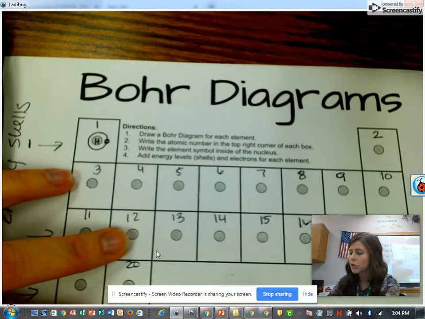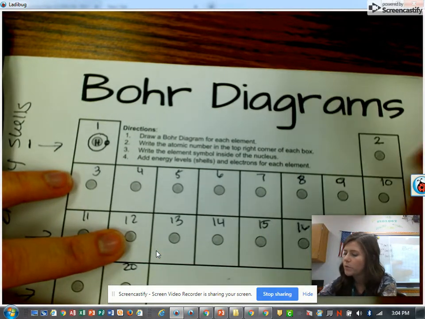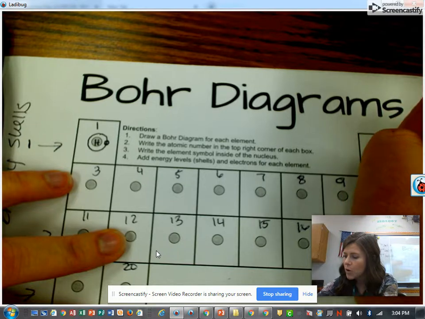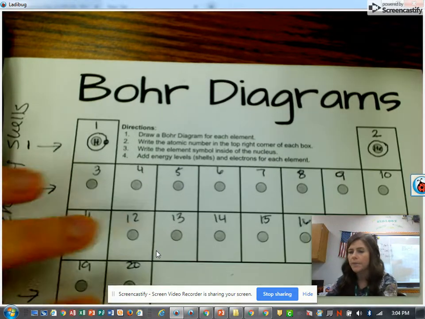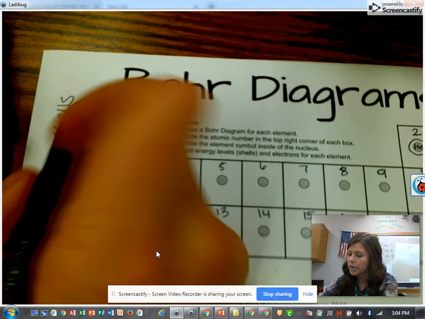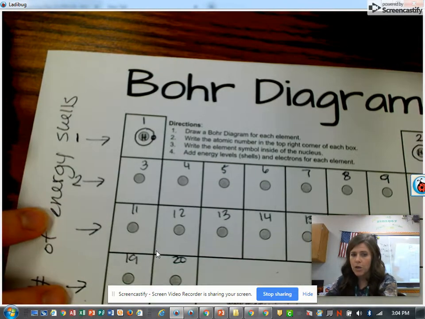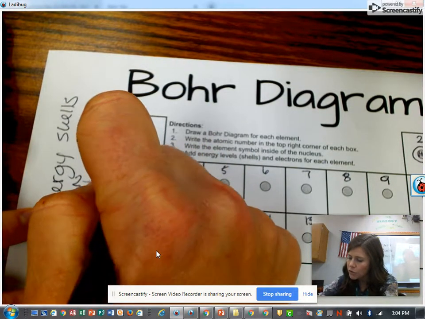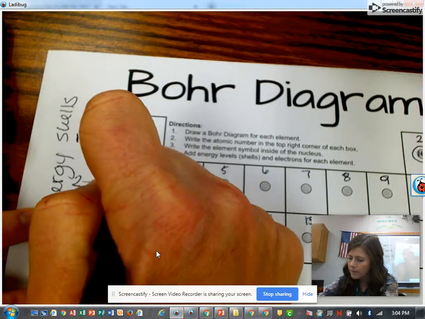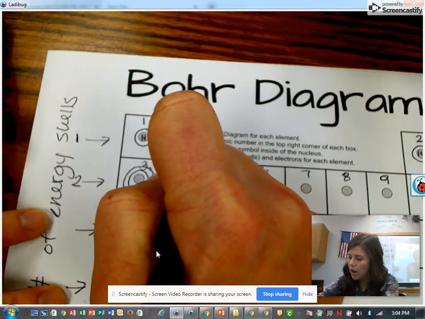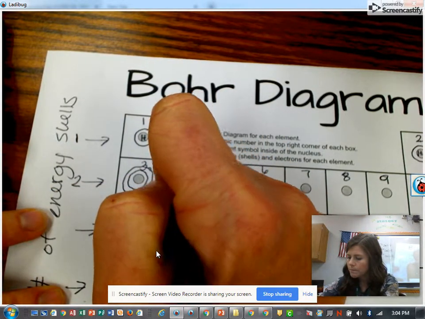We would do the same thing for our second element, which is helium, He. We have one circle drawn. So we can also look here. This is period 2. Period 2 tells us that we need 2 circles drawn. So we could do that all the way across.